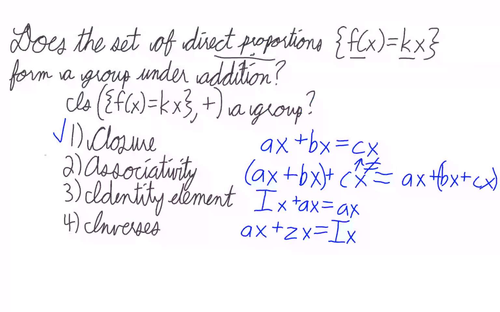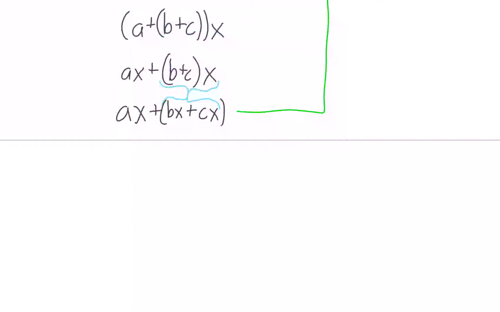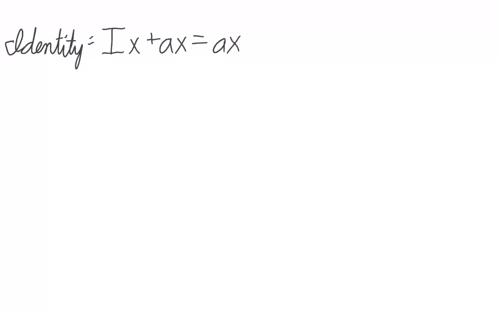So, associativity is true. We're halfway there. The next thing we're going to deal with is the idea of an identity element, so that IX direct proportion that we can add to any direct proportion, and it doesn't change what we had in the first place. So that's reminiscent of 0, like how 3 plus 0 is 3, and that's going to help us.